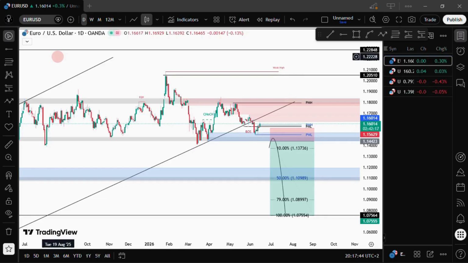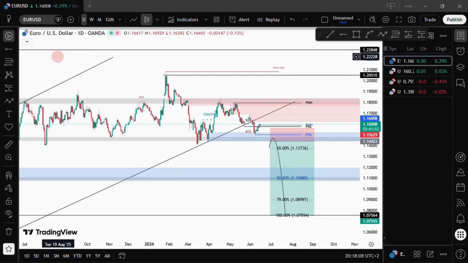Okay guys, if it is going to form, we do not force our predictions against the market, we only follow. Okay guys, so now when price reaches 79%, I now manage my risk. I move my stop loss from here towards this level right there, guys.